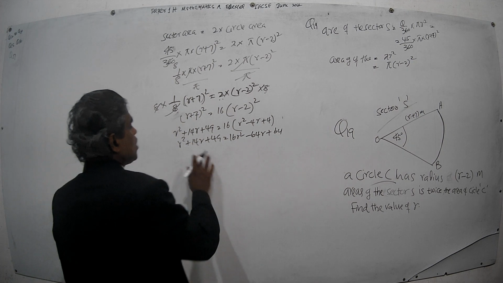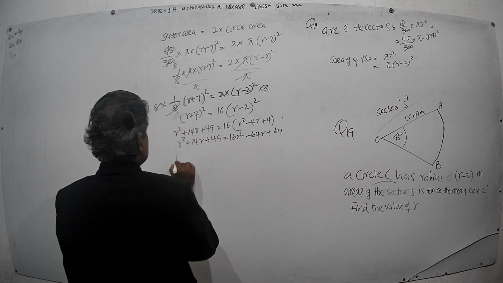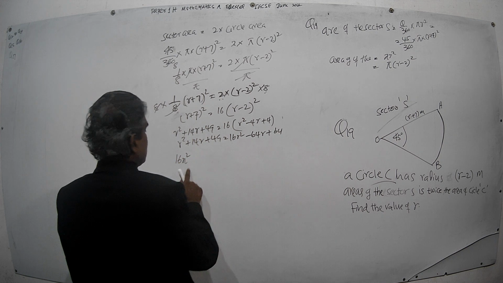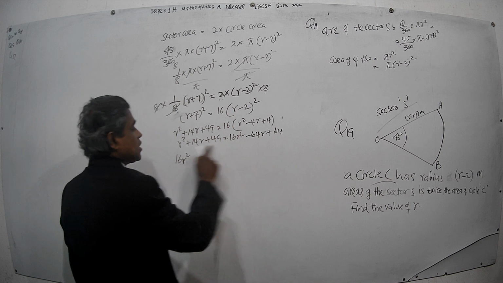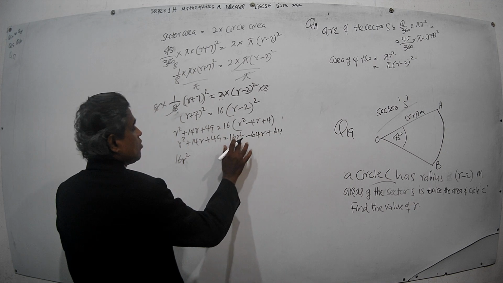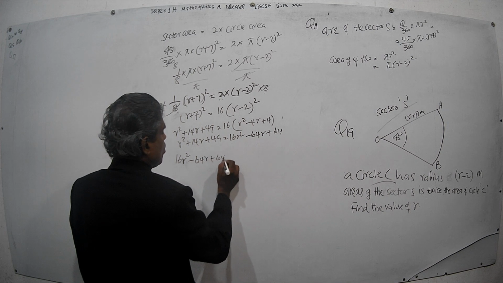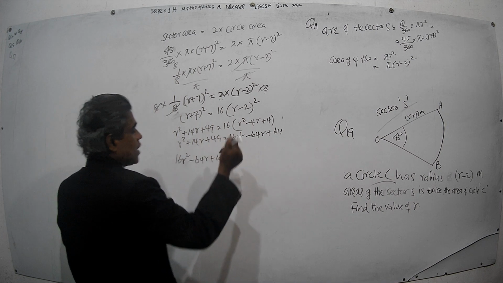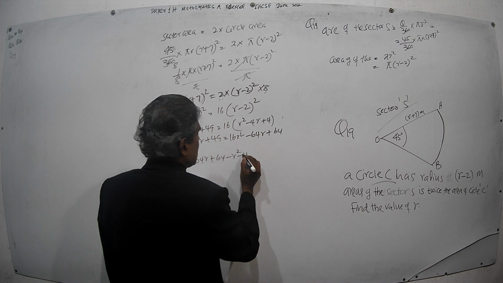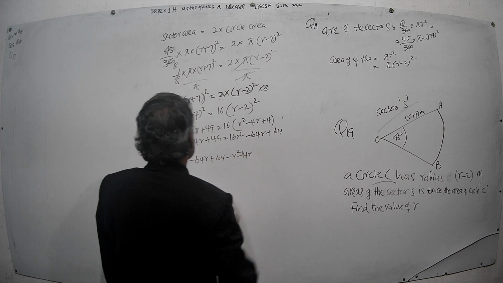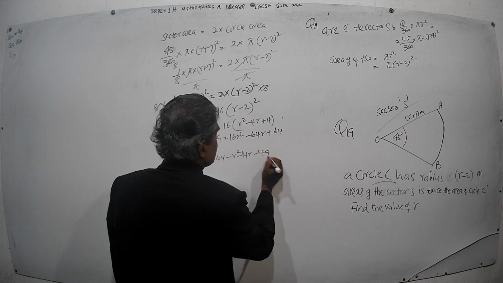Now we bring all these terms to this side and convert this into a quadratic equation. This side will be 16R squared minus 64R plus 64. Then take this R squared to that side, minus R squared. Take this 14R, minus 14R. Take this plus 49 to the other side, minus 49, equals 0.